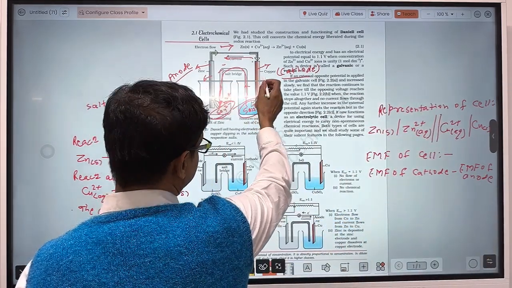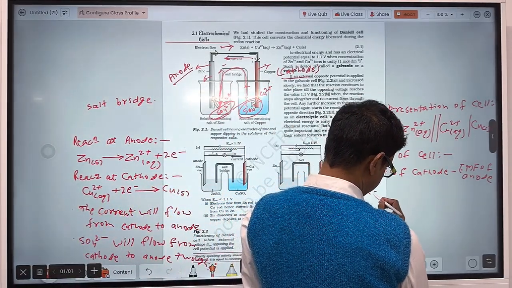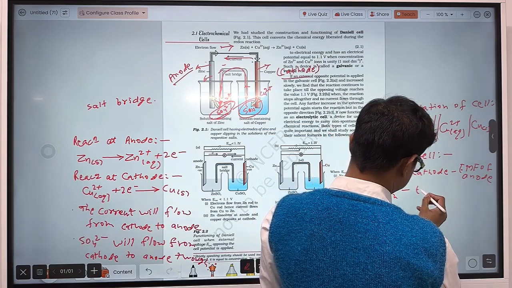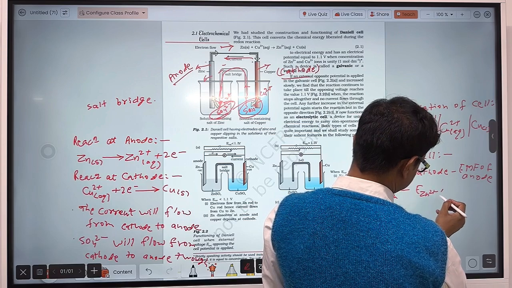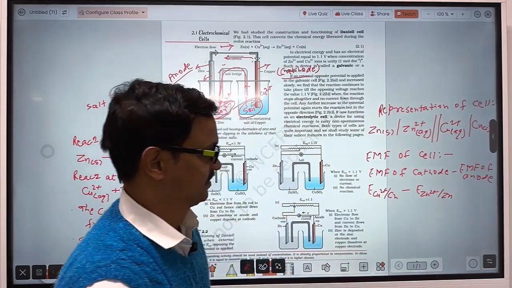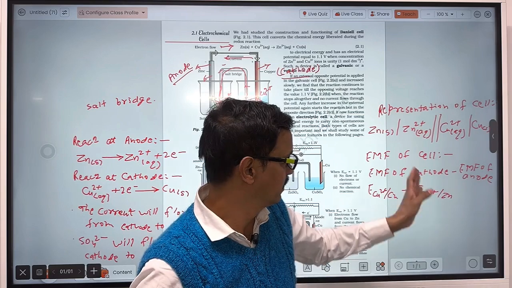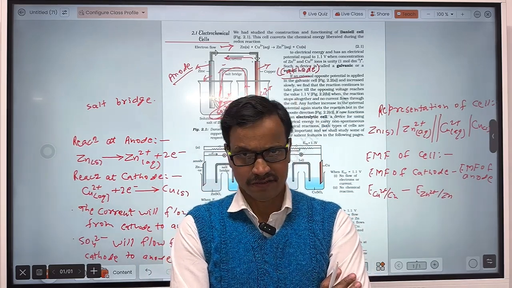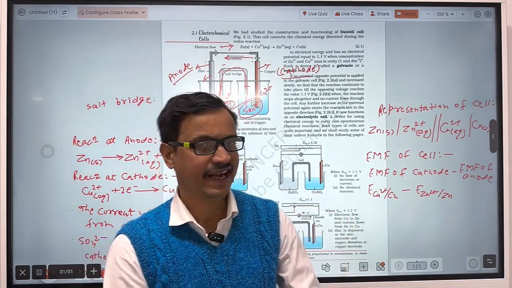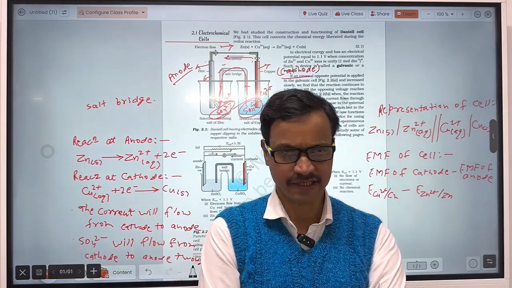Here the cathode is copper, so that will be EMF of Cu2 plus slash Cu minus EMF of Zn2 plus slash zinc. So that is the representation of the cell. We have discussed the galvanic cell or voltaic cell, in which zinc has acted as anode and copper has acted as cathode.